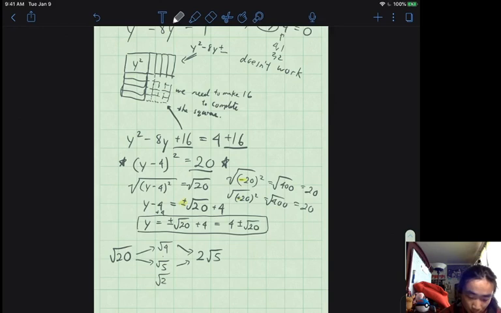So root 20 equals 2 root 5. This is what it means by simplest radical form. Right now, that's just extra. If you can get here, that's all I'm looking for.